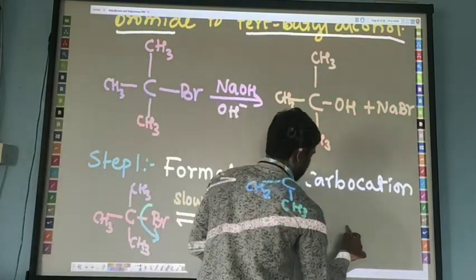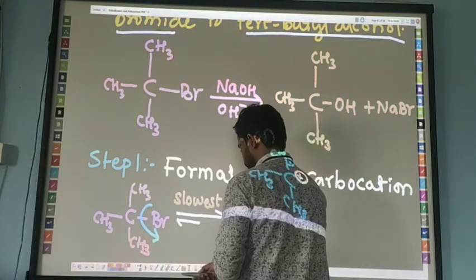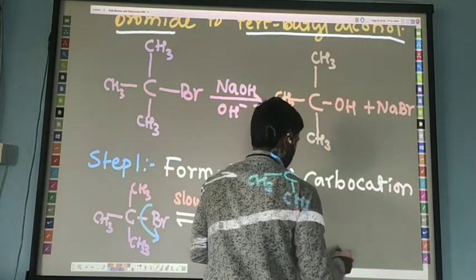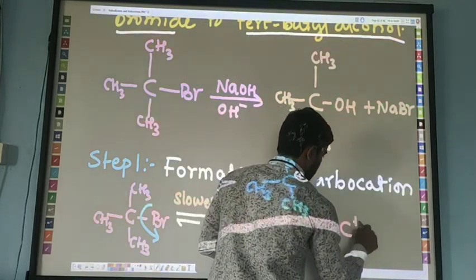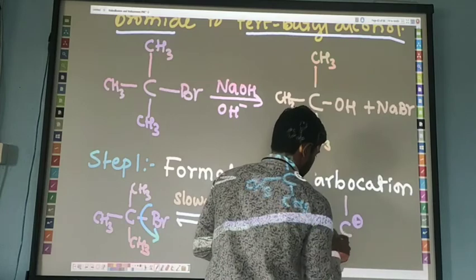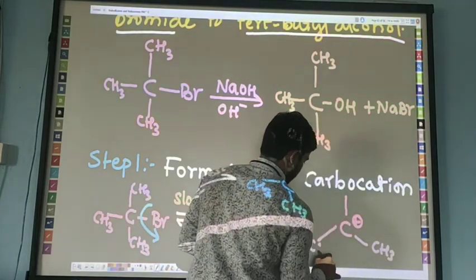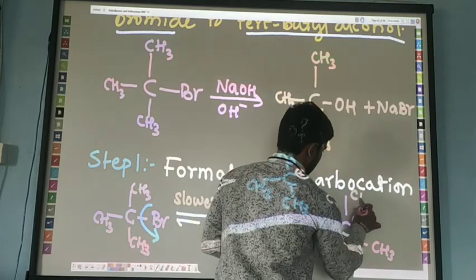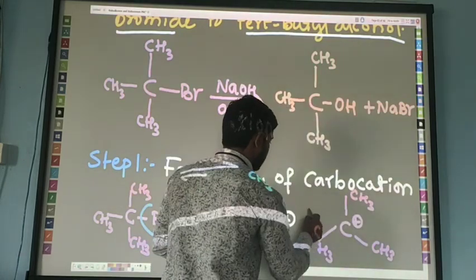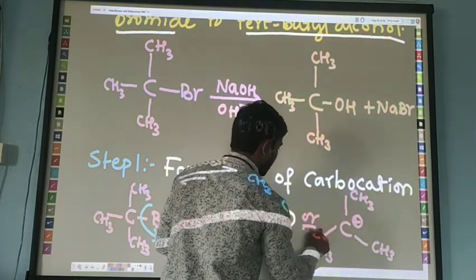This first one is the carbocation with a plus, and this one and this one are CH3. You have generated the planar complex.